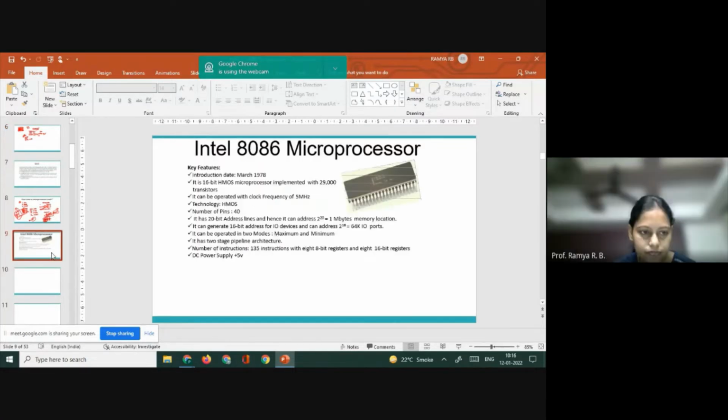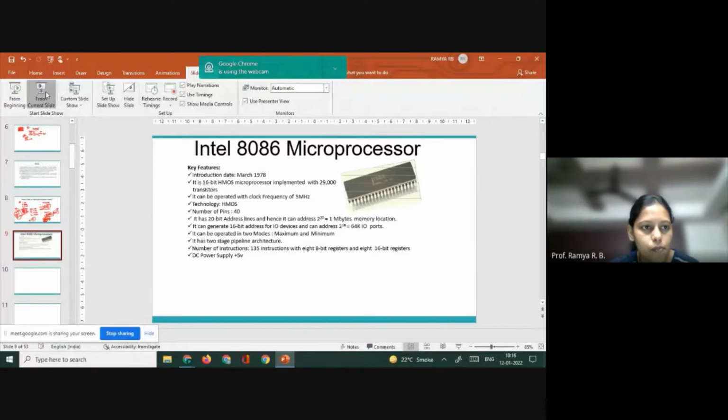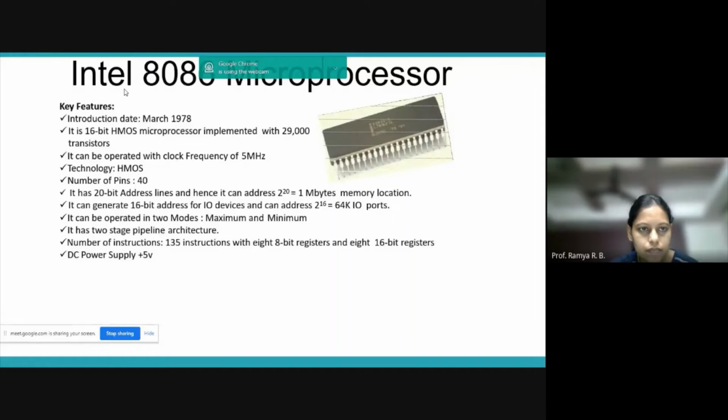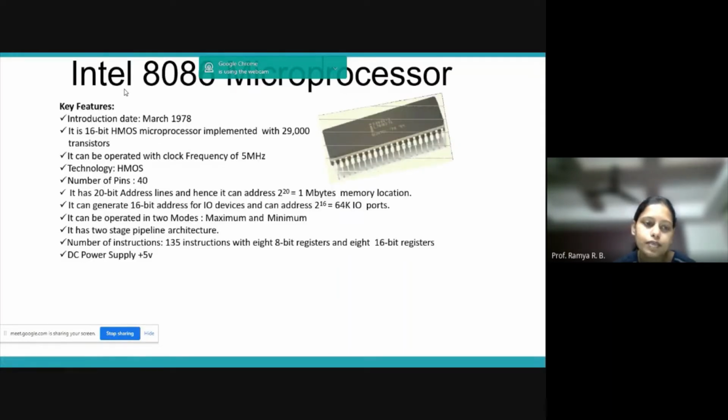Simple: the address bus carries the address, the data bus carries data, and the control bus carries the control signals. There are several other control signals apart from read and write. Read and write are the basic operations that we normally do on memory locations.